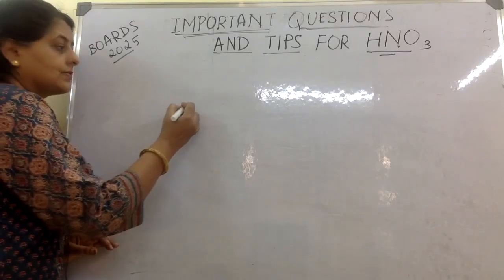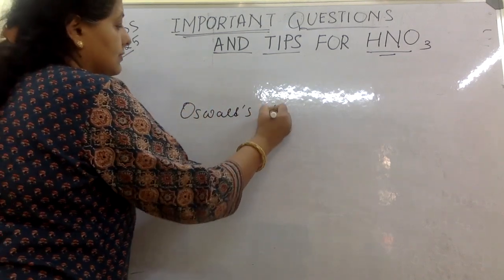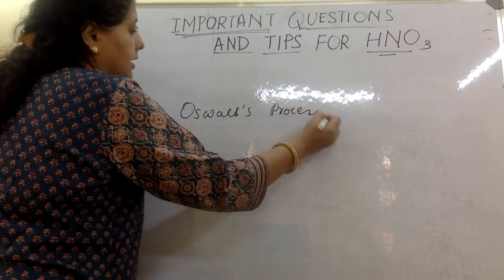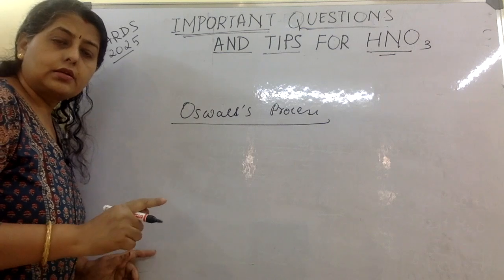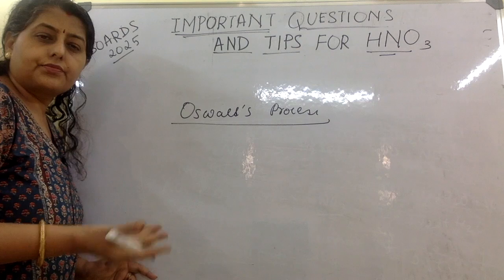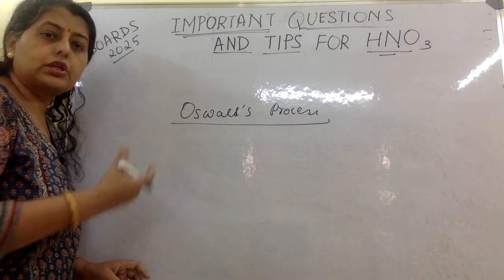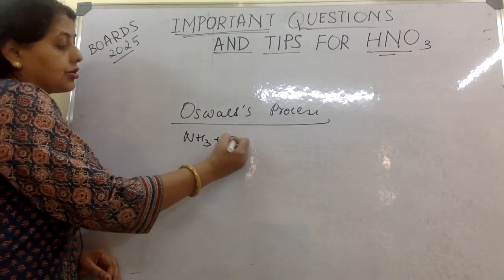Now, the industrial method is important in all the acids. Haber's in ammonia, then Contact in H2SO4, now Ostwald's. Here we have ammonia plus oxygen.